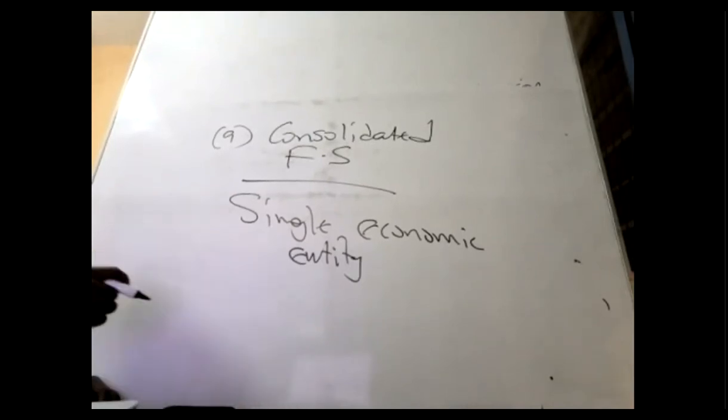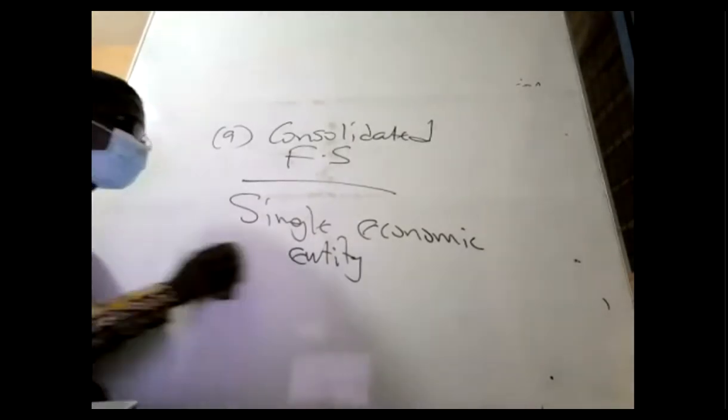So now we will look out for group and parent. That's the next section. Let's see group. When you mention group, group simply means the coming together of parent and its subsidiary.